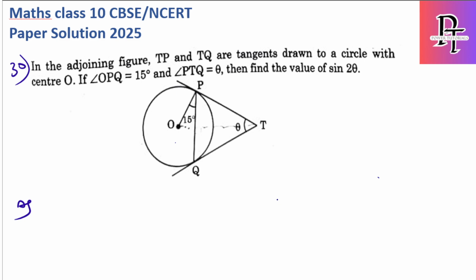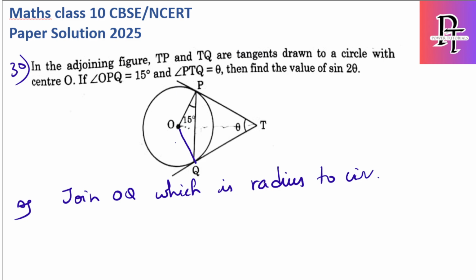Okay, let's solve this. So the first point is I will join OQ, which is a radius of the circle. Consider triangle OPQ.